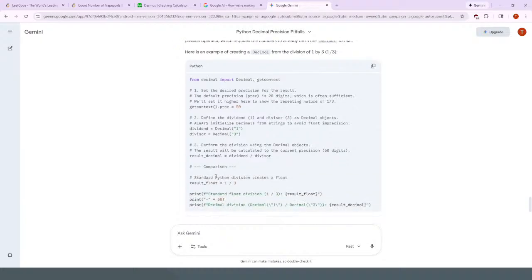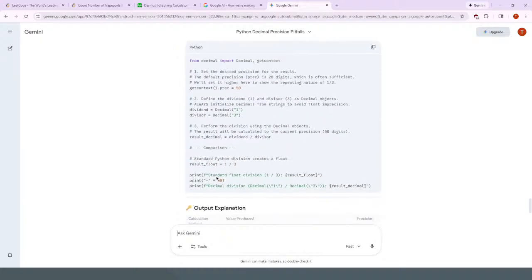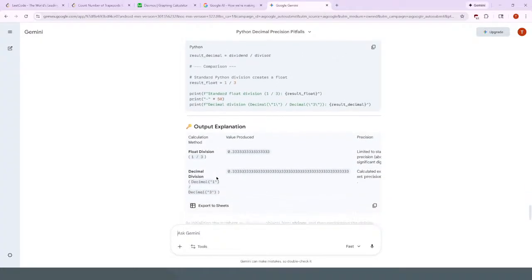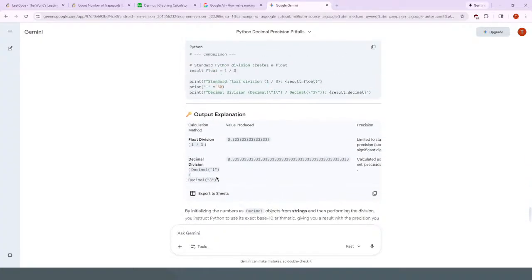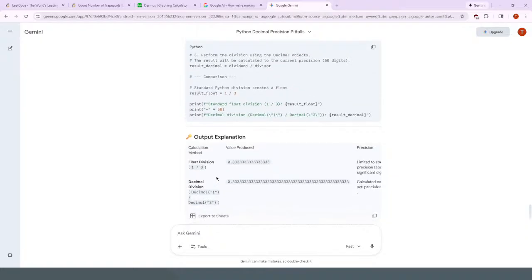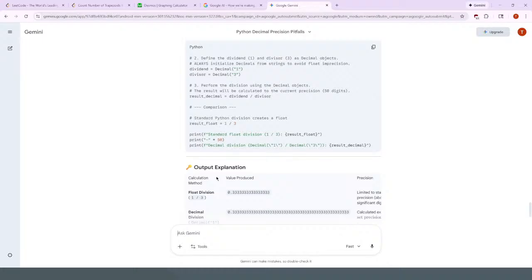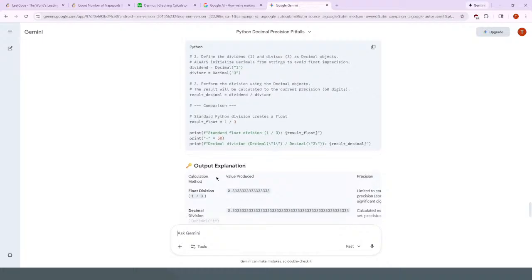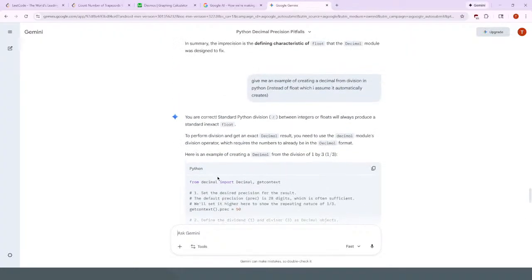Convert both things to decimal. Find the dividend and divisor as decimal objects. Always initialize decimals from strings to avoid imprecision. Oh my lord, that is so gnarly. But I'm not above it, I guess.